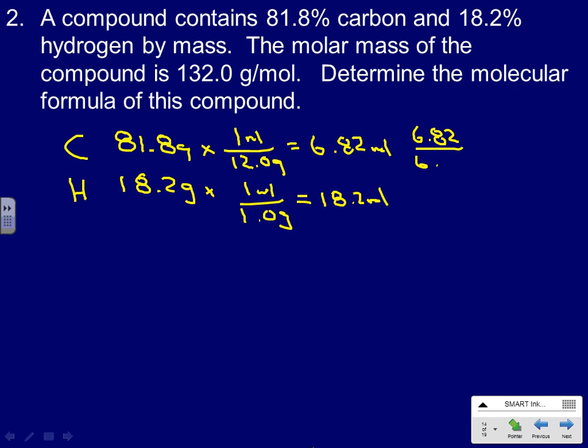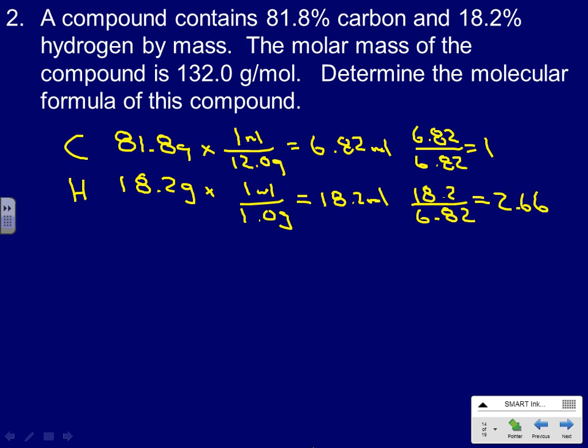6.82 divided by 6.82. I got that one. That's 1. 18.2 divided by 6.82. And Brody is just itching to tell me what he got. Ooh, 2.66. That's fun. We haven't had a 0.66. What am I doing to get rid of that 0.66?